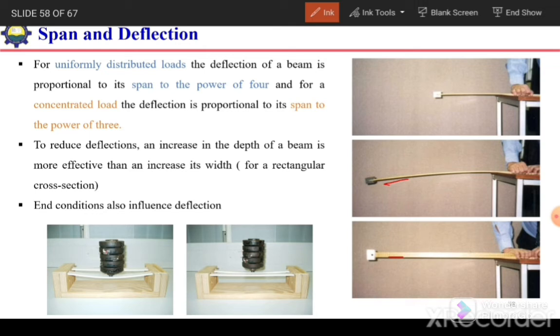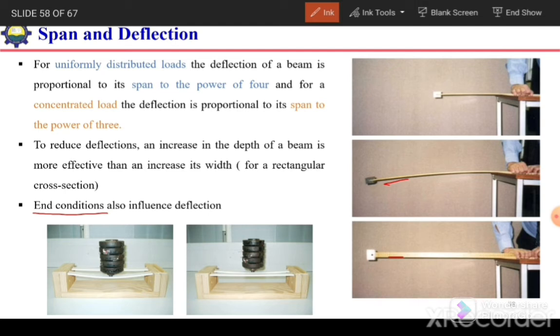Moreover, if we want to control the deflection, other than span, we can also change the end conditions. In the case of simply supported beams, the bending moment at the center will be WL square over 8, and as a result the deflection will be large. But in the case of a fixed-ended beam, the bending moment at the center will be WL square over 24.